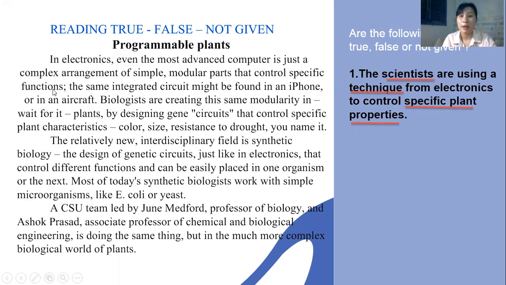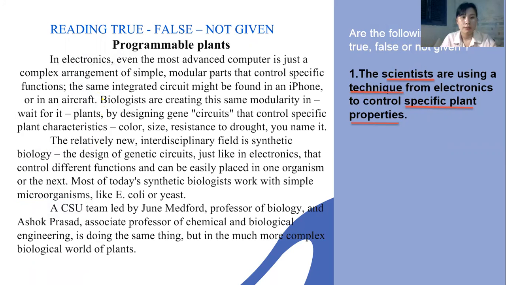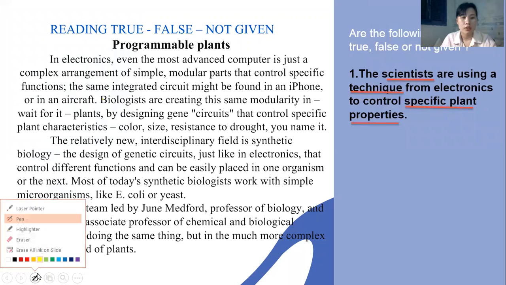So you have to take time to read the passage rapidly. In the first paragraph, you can see that the scientist means biologist, right? It is similar to biology. So the first statement follows a biologist, and I will note it here.